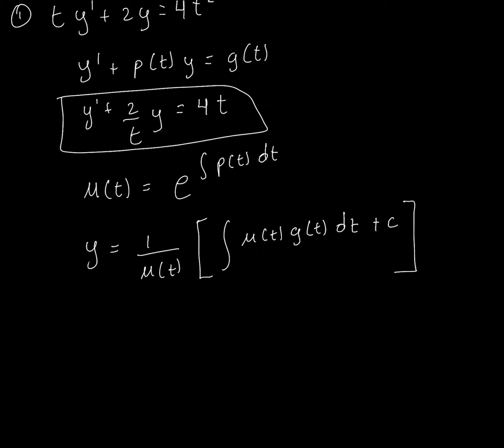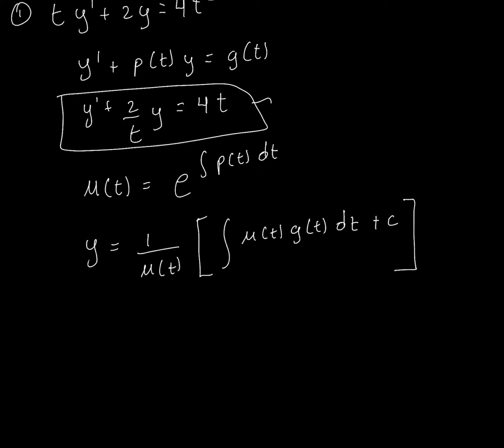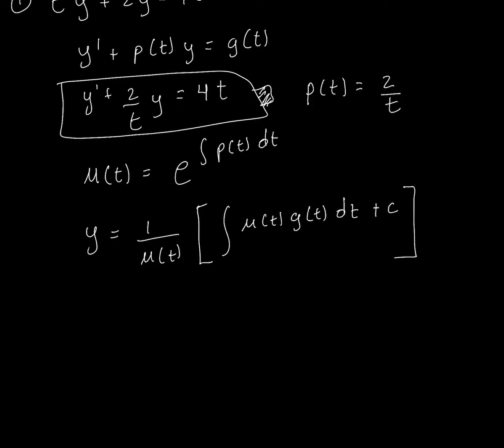In this equation, p of t is just 2 over t. So let's find mu now. Mu of t will be e to the integral of 2 over t dt, and this is equal to e to the 2 ln t.